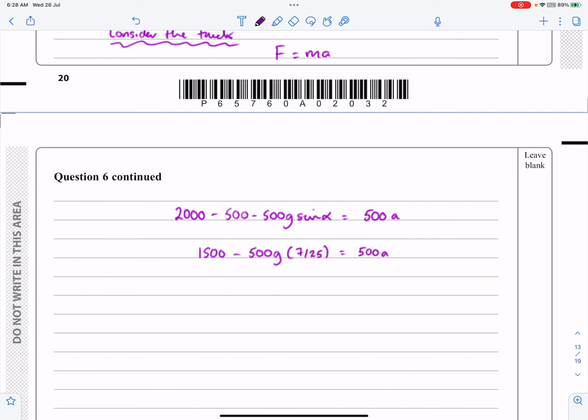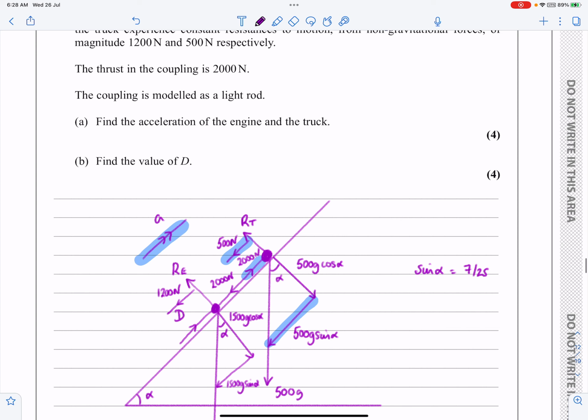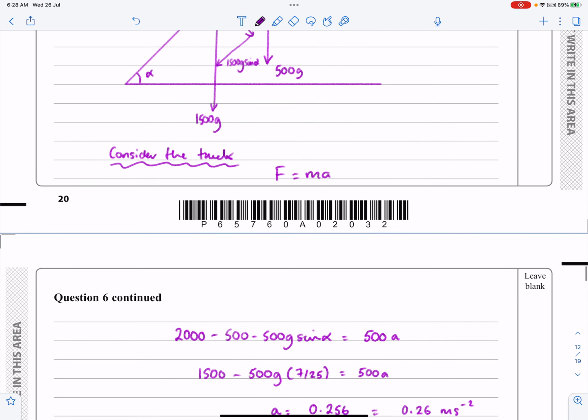So work that out, divide it all out. A works out to be equal to 0.256, but we've got g involved, so let's call it 0.26 meters per second squared. Fantastic, right, that's acceleration worked out.